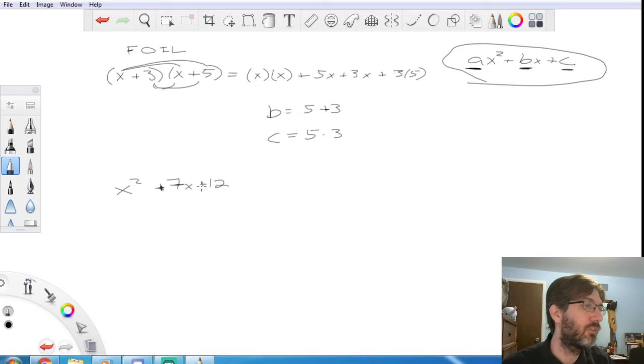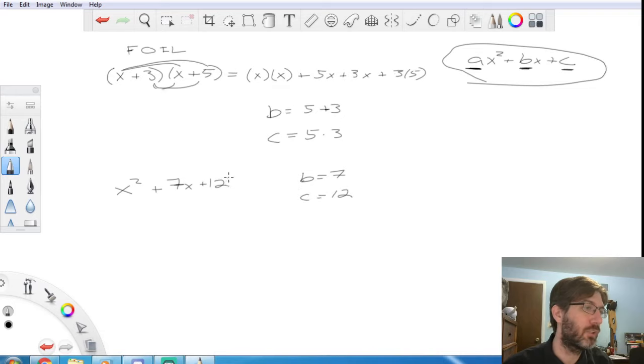I'm not too used to drawing on the computer yet. So we want to factor this trinomial. Now remember, we don't have an a value here. We're going to deal with that later this week. Our b value is 7, so b equals 7 here. And our c value is 12, so c equals 12 here.